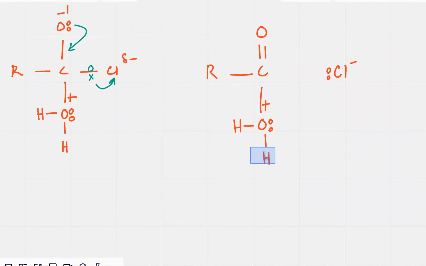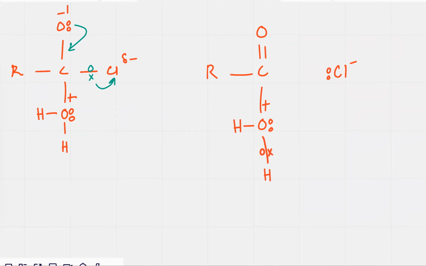So you had this H. The H over here loses its electrons.